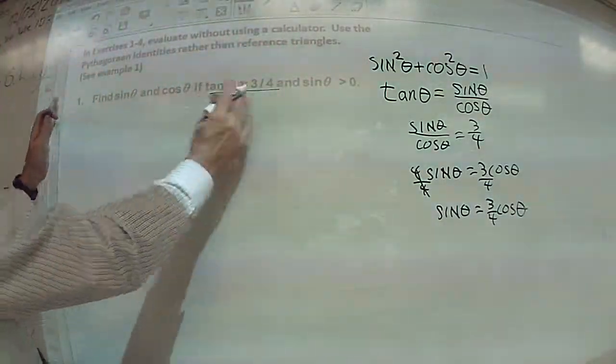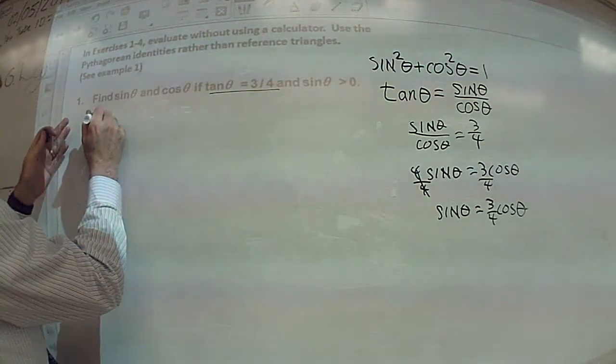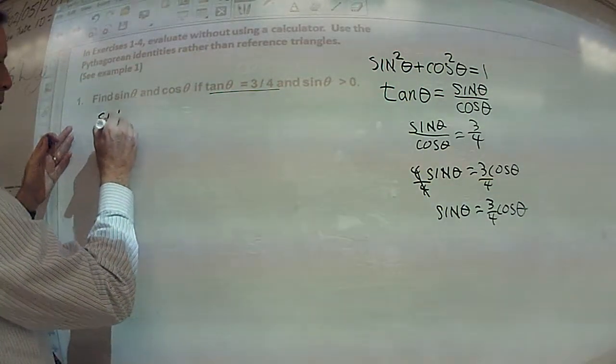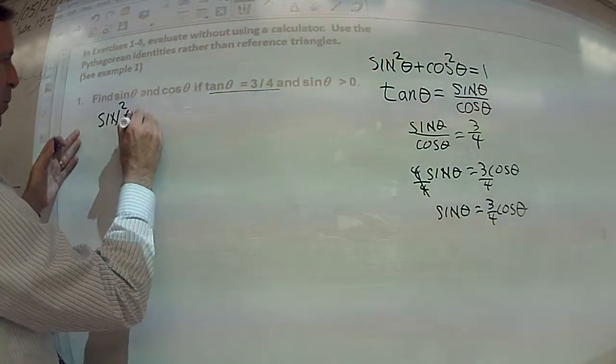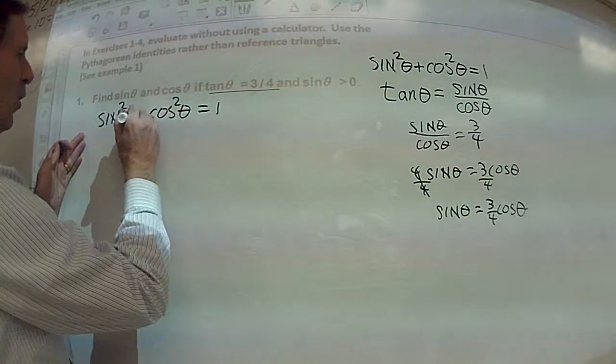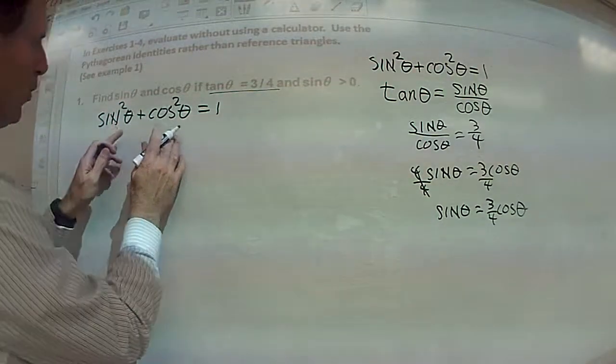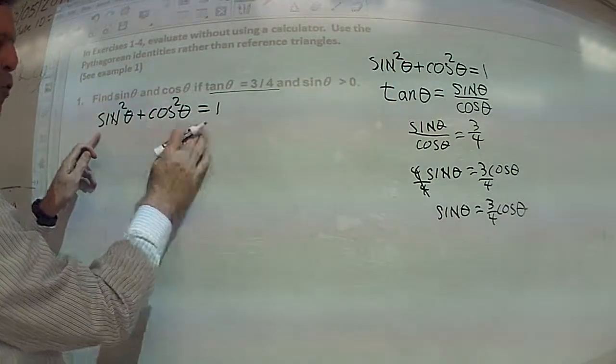So coming back over here, we're going to rewrite our identity, sine squared theta plus cosine squared theta equals 1. We have one equation but two unknowns.